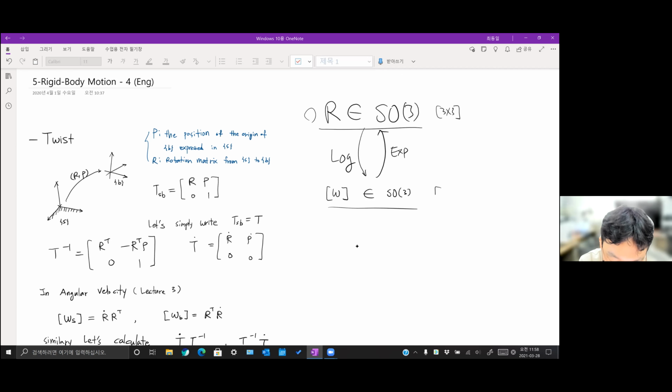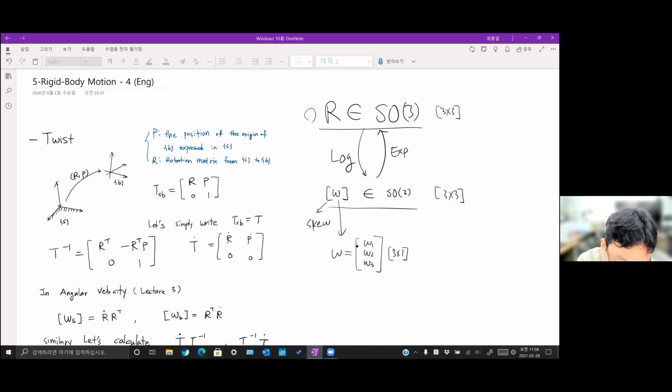This one is also a 3x3 matrix, but this bracket means skew symmetric matrix, and this vector is originally a 3x1 vector. This vector is converted to the skew symmetric matrix by using this bracket, and that becomes small SO3.